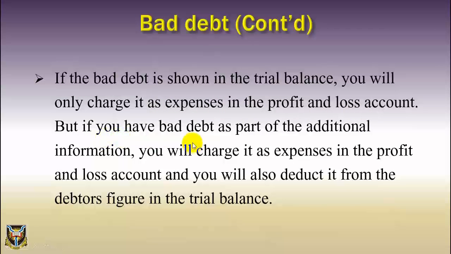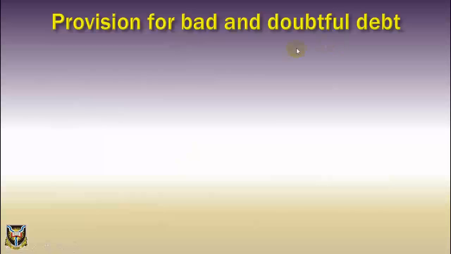But if you have bad debt as part of the additional information, you will charge it as expenses in the profit and loss account, and you will also deduct it from the debtors figure in the trial balance.